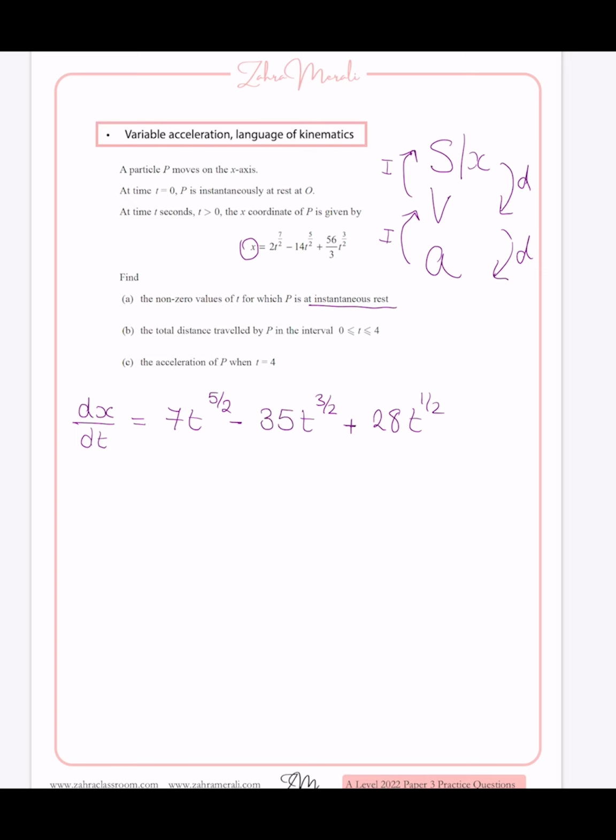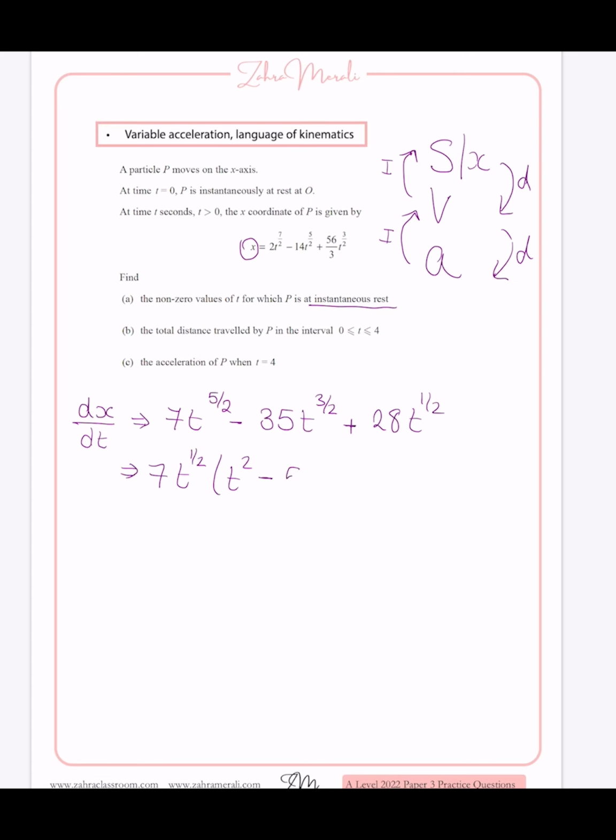Okay. Looking at that, it's not obvious to factorize it or put it in your calculator, but hopefully you can see you can take 7t. So you look at the numbers, 7 is the smallest number to take out. And we're going to take it out to the power of a half. So you look for the lowest power. So this is going to just be t squared, because remember we add them up.